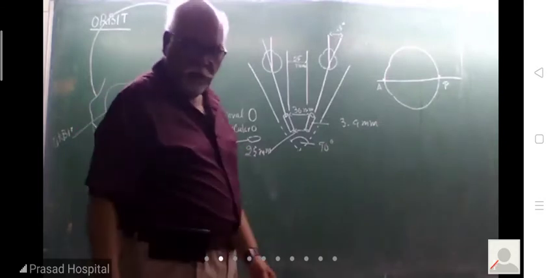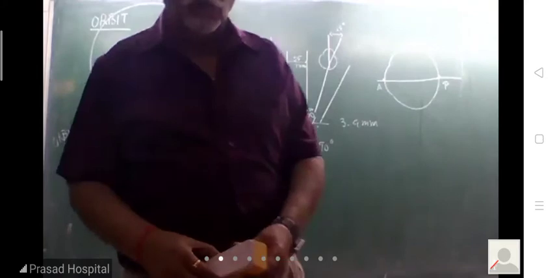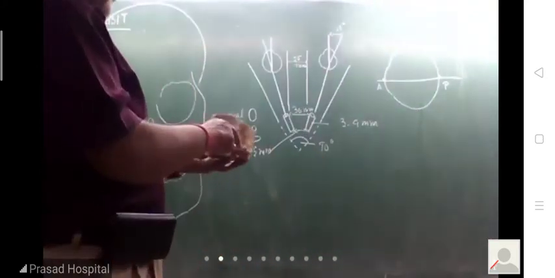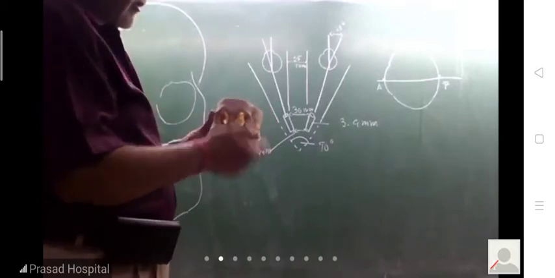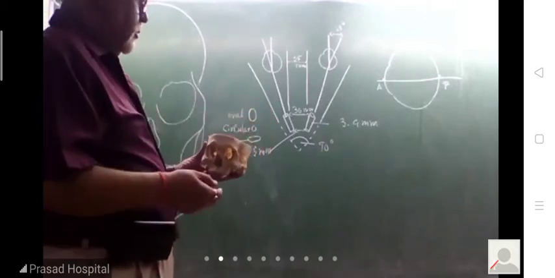So what we will find is that the two bony orbits are pyramidal in shape. They have got several boundaries about which I am just going to tell you.